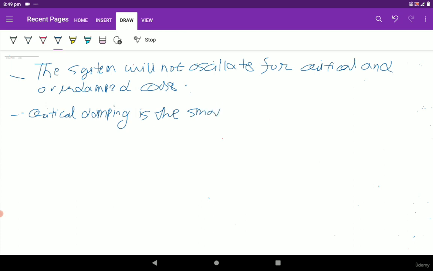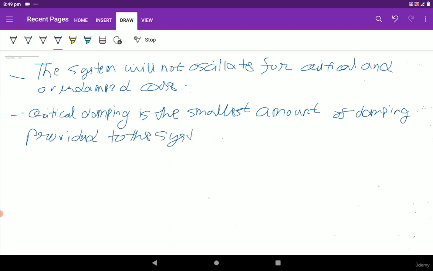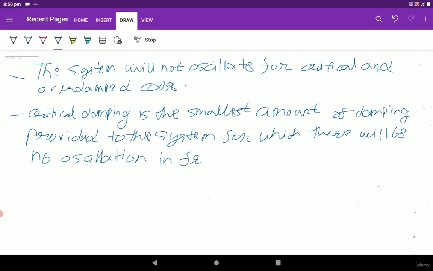Critical damping is the smallest amount of damping provided to the system for which there will be no oscillation in a free vibration system.